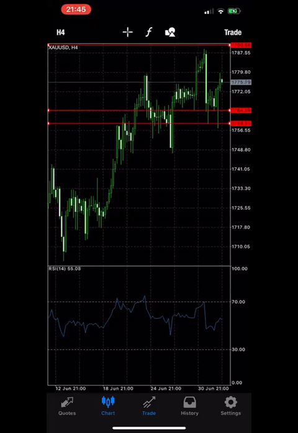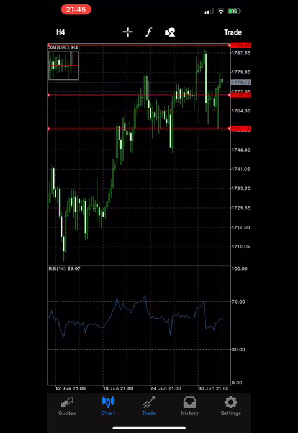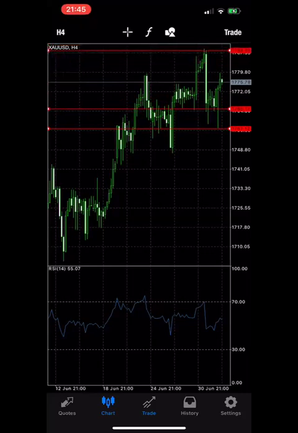The bottom red line is where my stop loss is. Stop loss, entry, take profit. If you're with me so far, put number 1 in the chat.